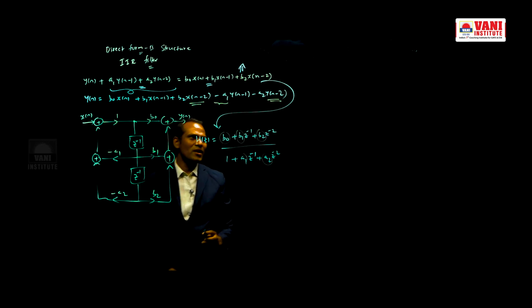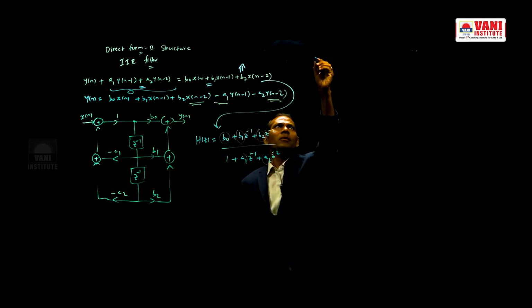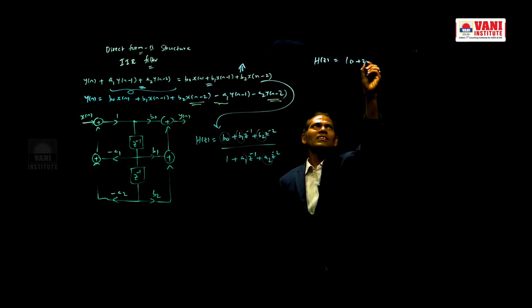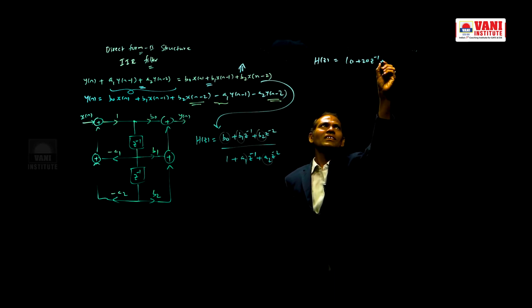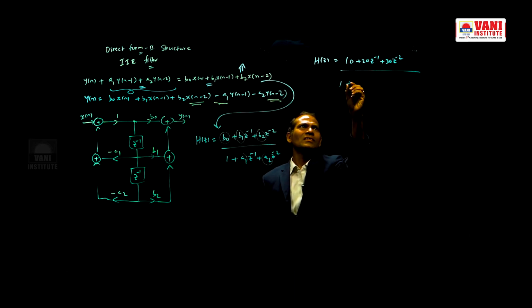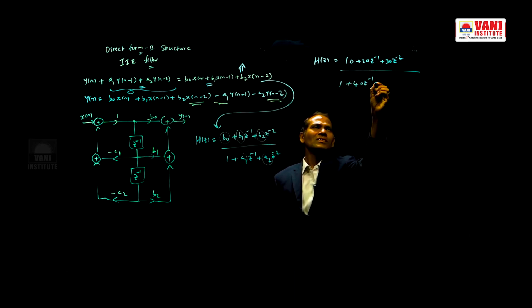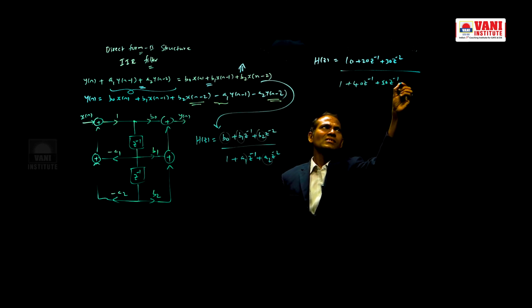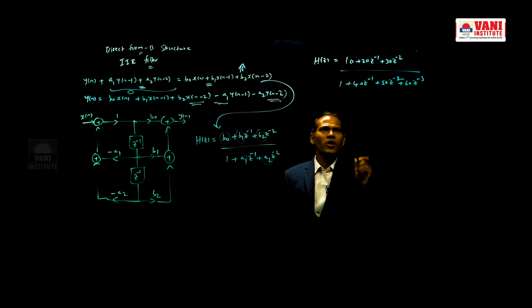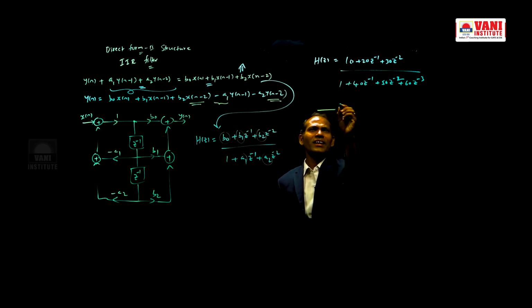We will see one more example. Suppose if H of z is like this, now the corresponding direct form 2 structure is in this manner.